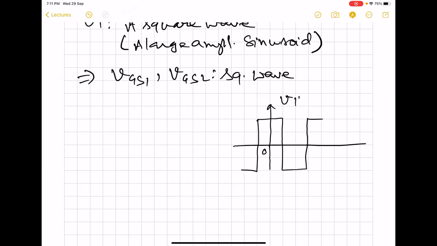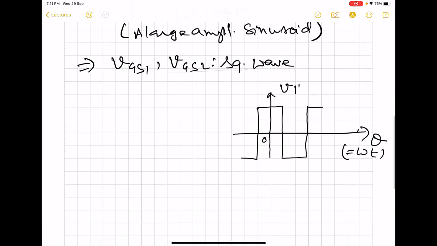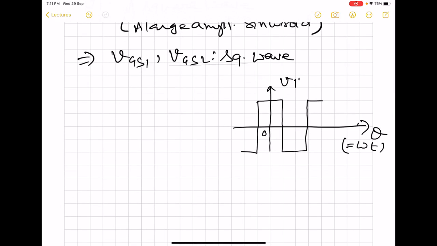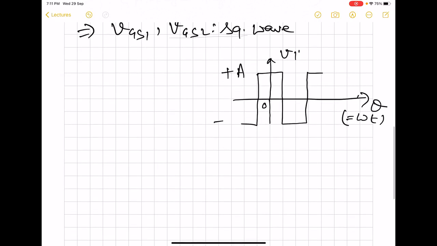Say this is Vi, with amplitude A, changing between plus A and minus A. So then what will be VGS1 and VGS2?